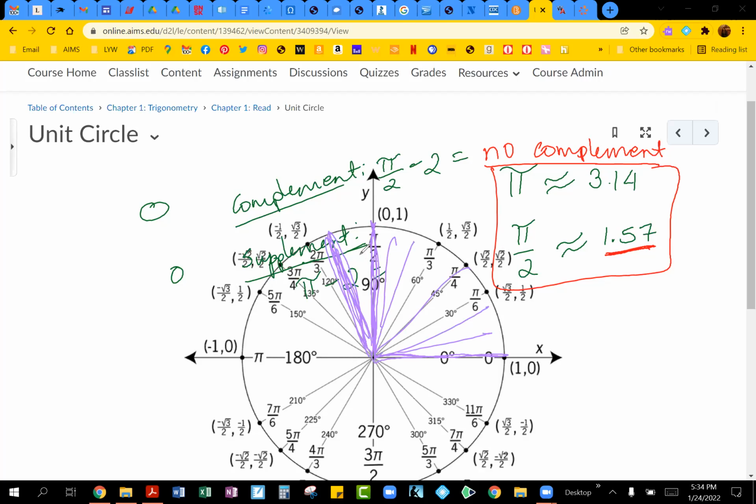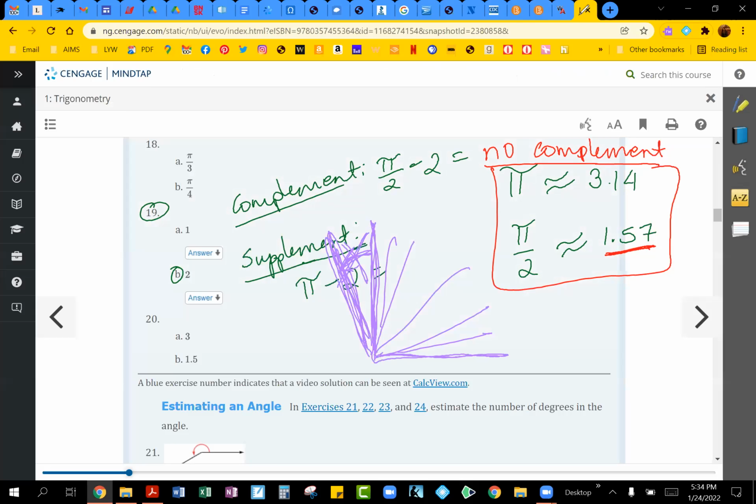So like Melanie, you had the negative answer in there because you just did basic calculation, right? But unfortunately, this angle is beyond the 90 degree mark. So that's why we actually cannot use this angle. And that's the reason why we would end up saying there's no complement to this angle.